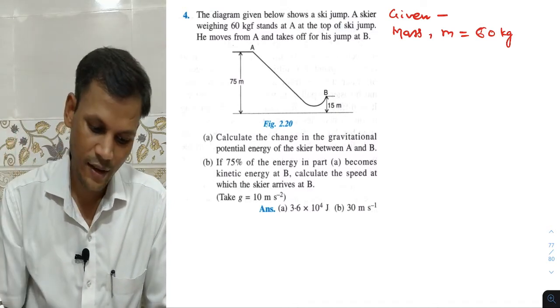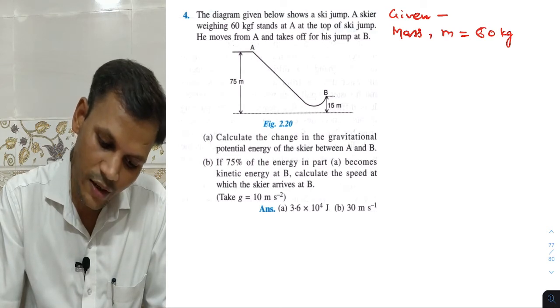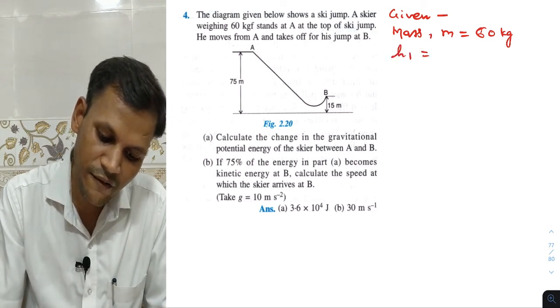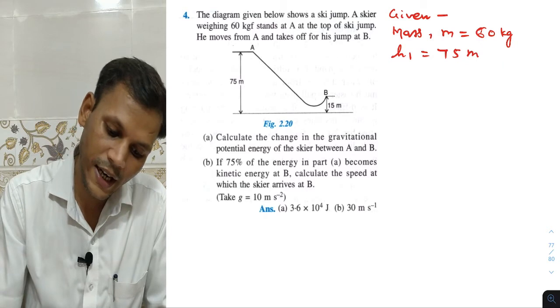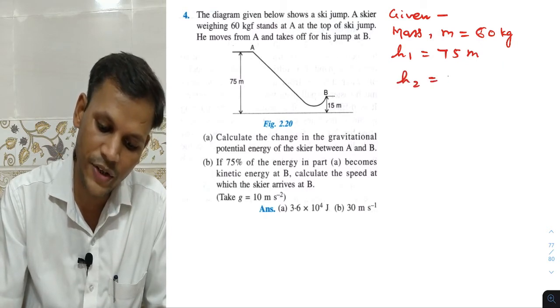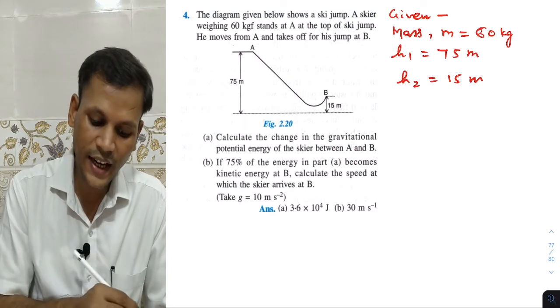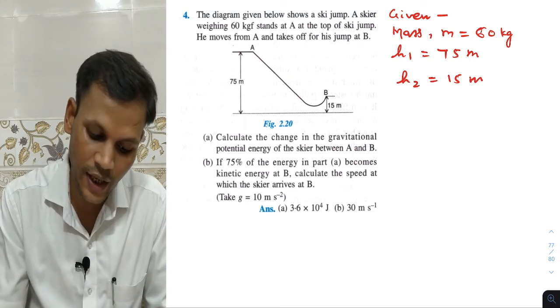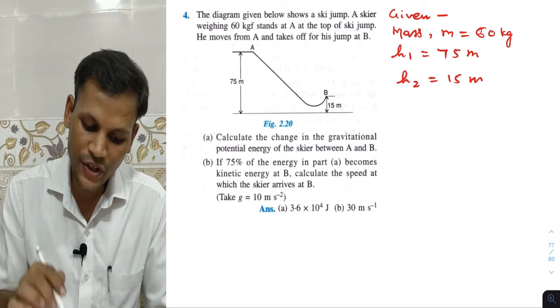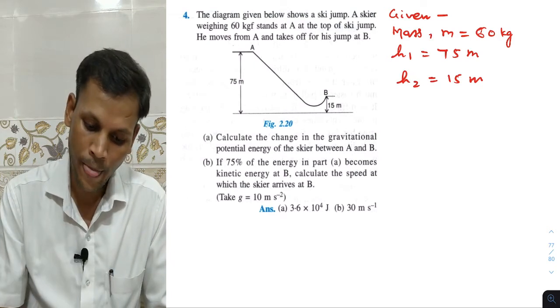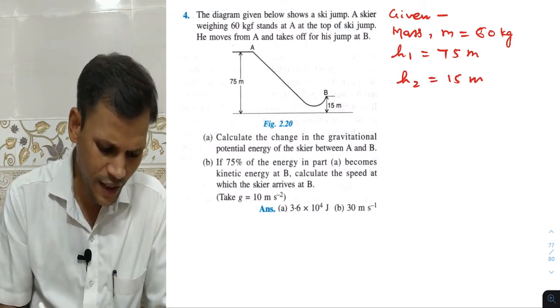Height h1 is given as 75 meter. Height h2 is given as 15 meter at B. Now calculate the change in gravitational energy of the skier between A and B. So first part just we can solve over here.